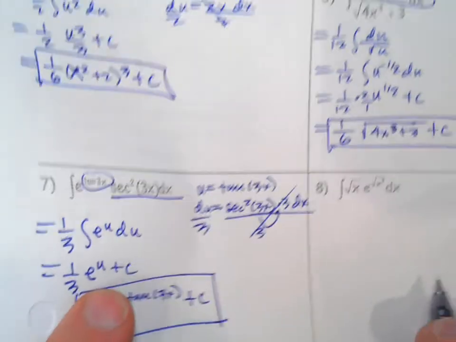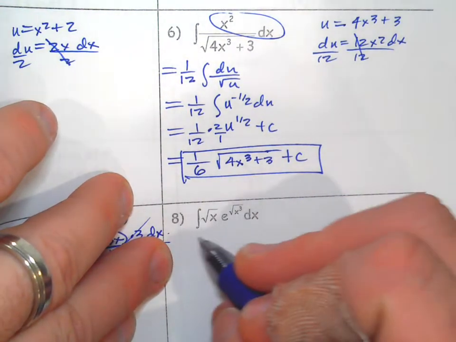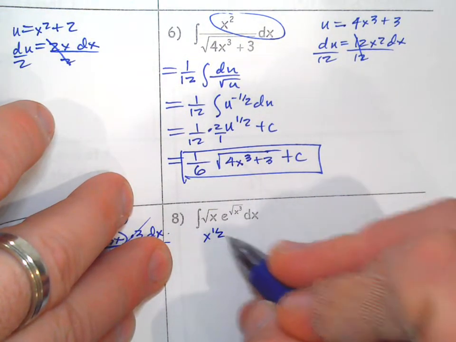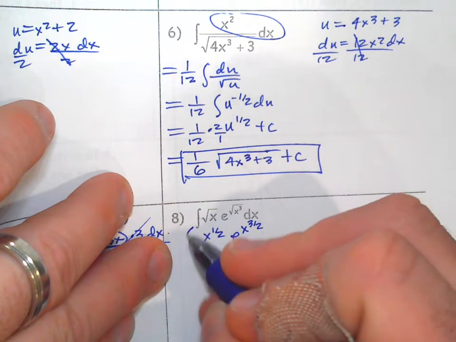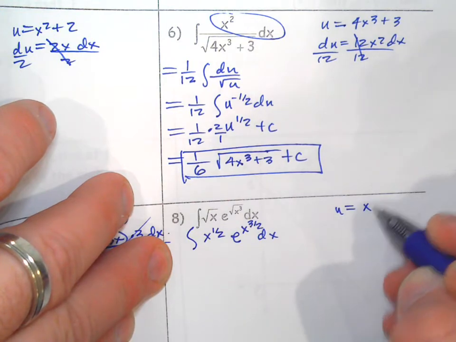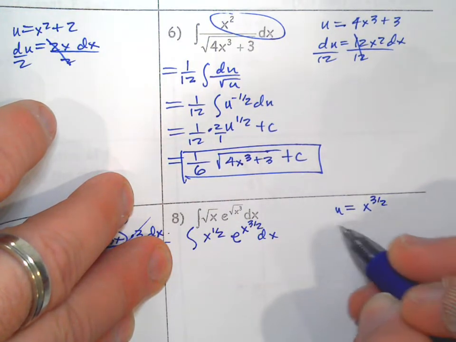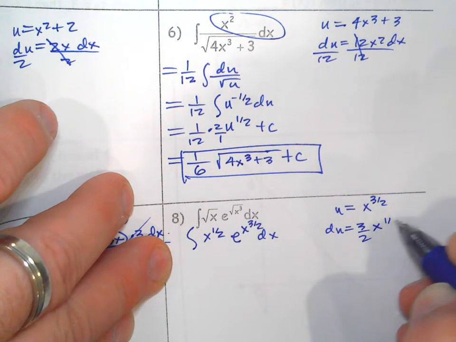Not bad. Number 8. This is x to the 1/2, and this is e to the x to the 3 halves. I'm tempted, I think. Let's try some different things. I think I'm going to go with u equals x to the 3 halves, because then du equals 3 halves x to the 1/2 dx.